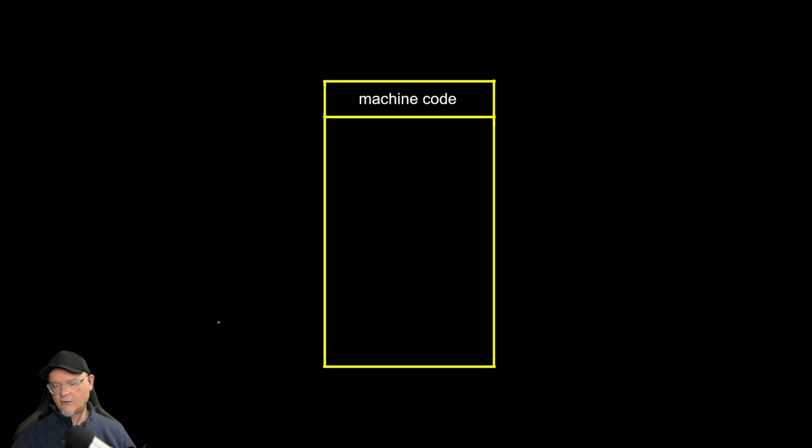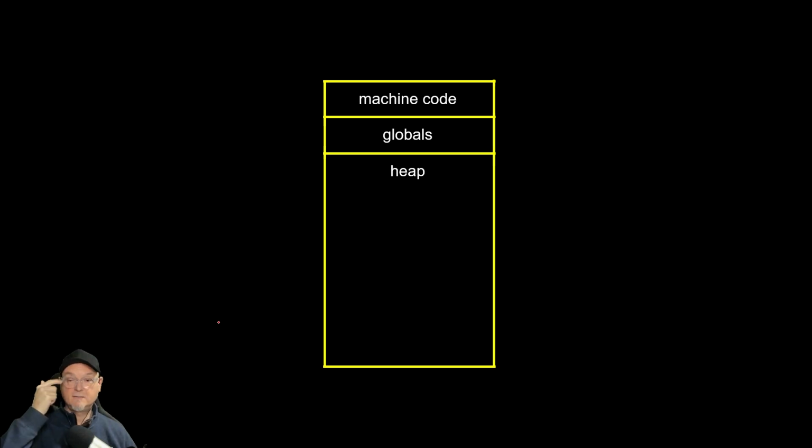So what's just below that? Well, what's just below that are any global variables that are loaded. They're loaded lower down, and if we use malloc explicitly in C or implicitly in other kinds of languages, then that memory, those locations are stored in an area called the heap. Okay, so the heap fills in a downward direction.